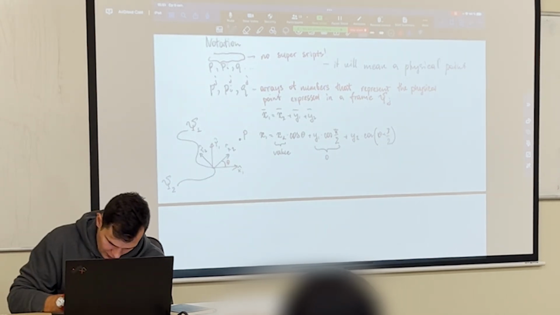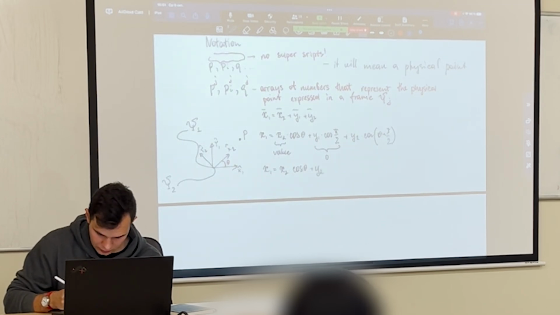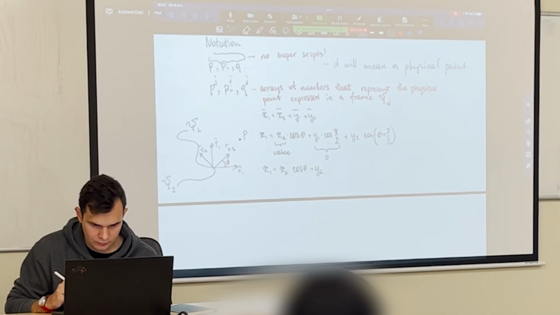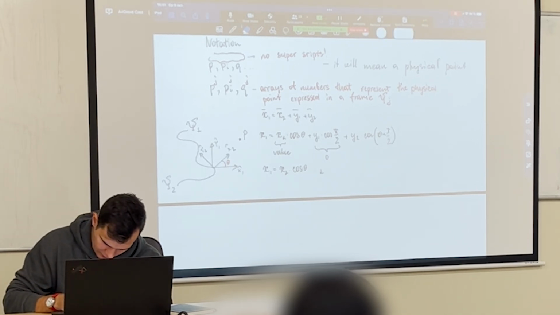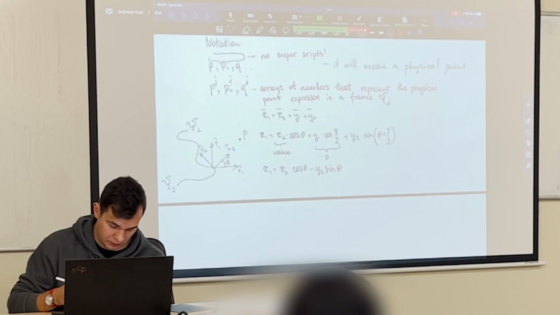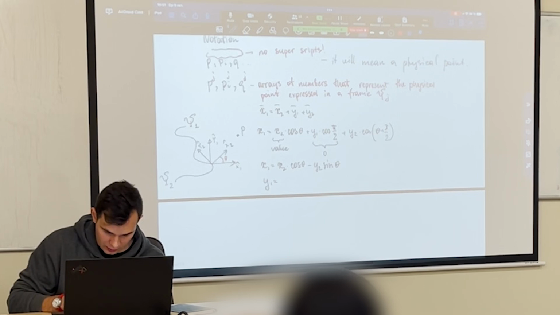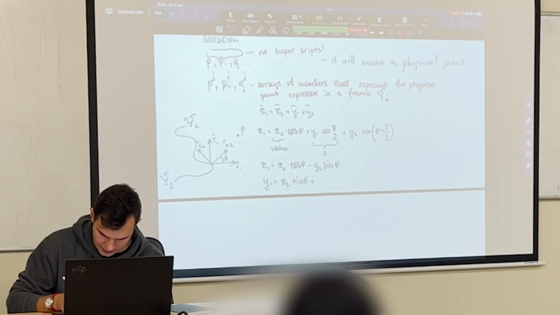Okay, so x1 will be x2 times cosine theta plus y2 times minus sine theta, so minus y2 sine theta. The same story with the y, but I will write the answer. It will be x2 sine theta plus y2 cosine theta.